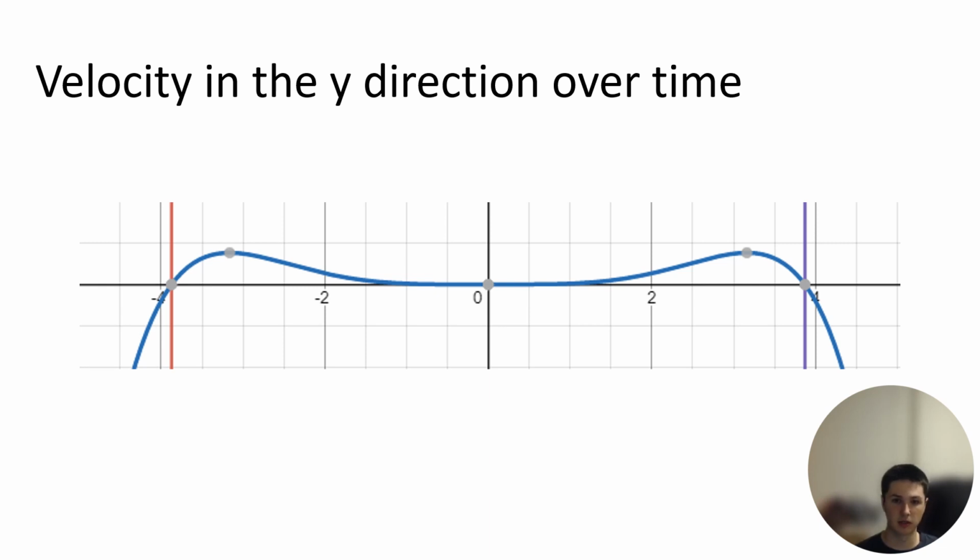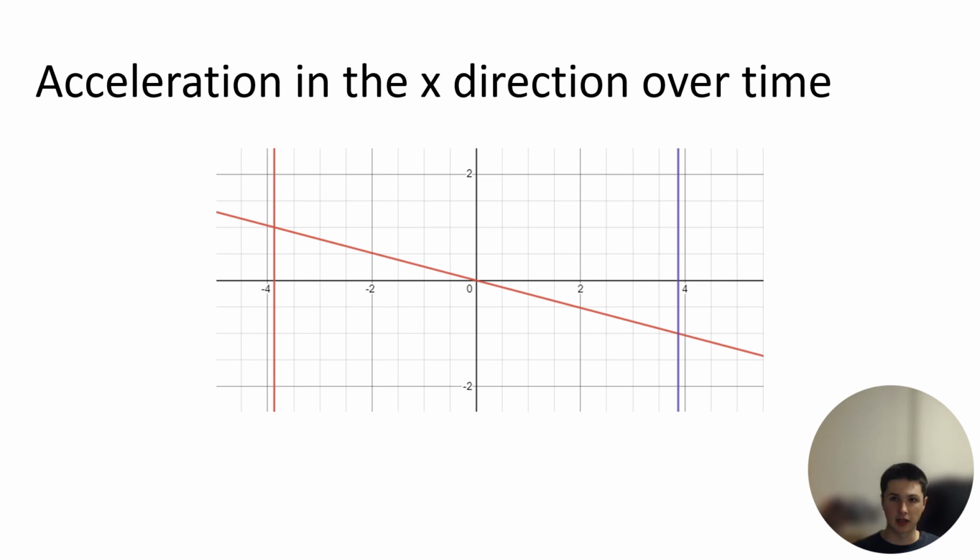And then we can see in the middle, when our velocity is 0, that means the helicopter is not moving up at all, and that's when it's staying at that constant altitude that we saw on the position graph, and then towards the end it needs to climb a little bit higher again, so it has a positive velocity again until it gets to that purple line when it comes down for the landing, and it'll have 0 velocity once again.